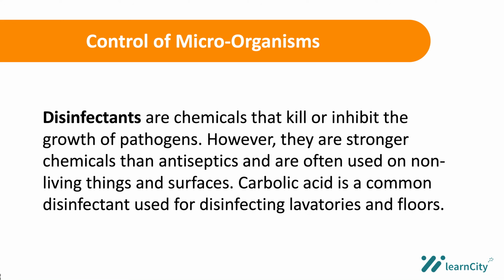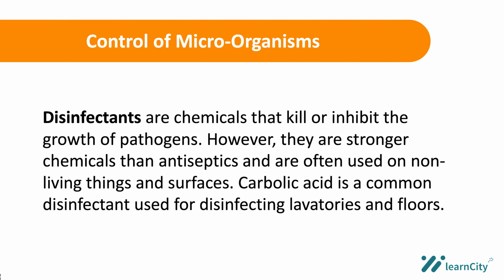Now, just like we have antiseptics, we also have disinfectants. Disinfectants, just like antiseptics, are also chemicals that kill or inhibit the growth of pathogens. However, they are stronger chemicals than antiseptics, and they are often used on non-living things and non-living surfaces.